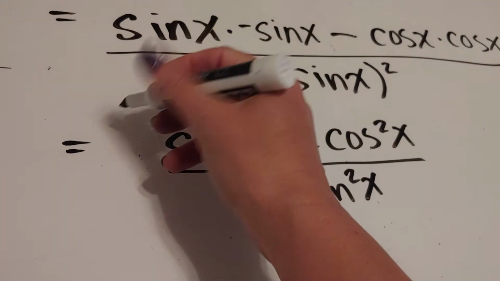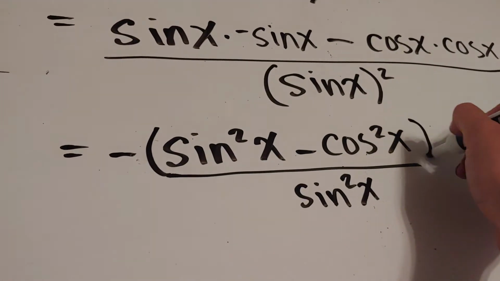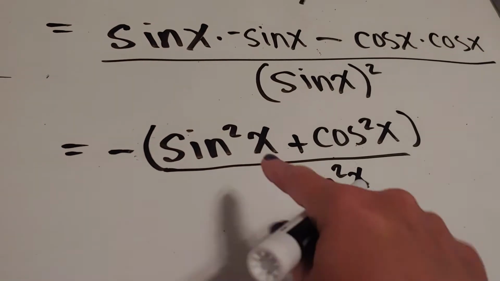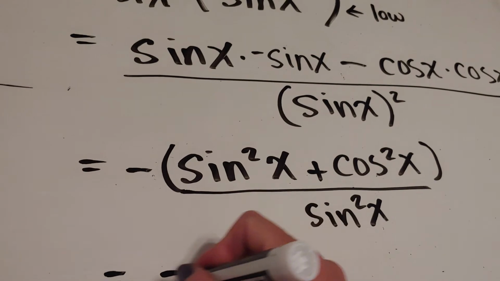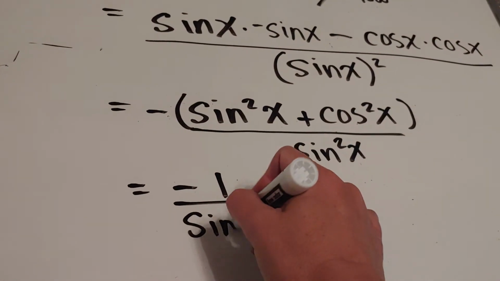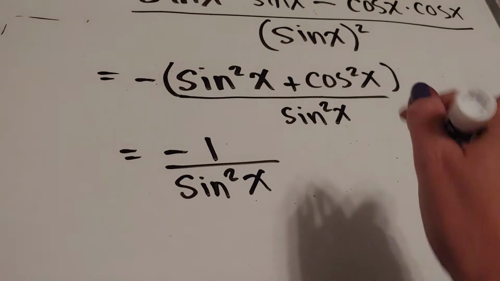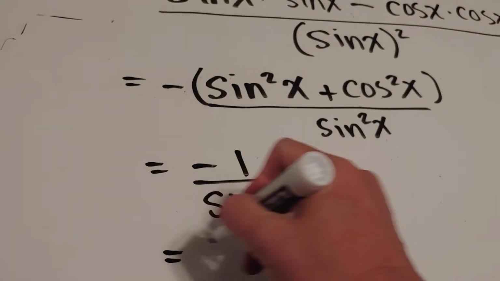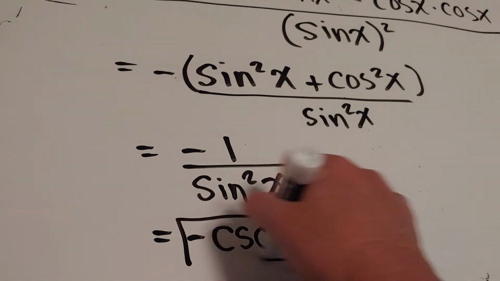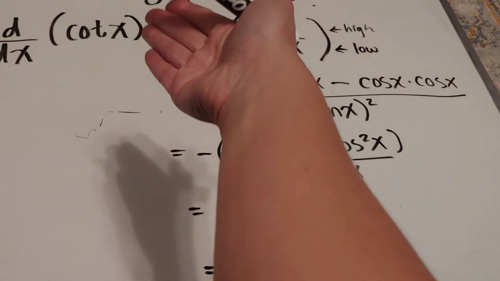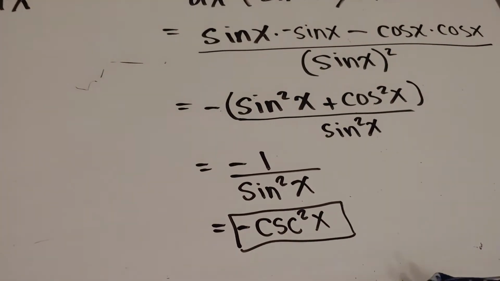And if I factor out a negative, the top becomes positive. And we know that sine squared plus cosine squared is the same thing as 1. And I also know that 1 over sine is the same thing as cosecant. So that's how you can prove it. That's how you can show that the derivative of cotangent is negative cosecant squared x.